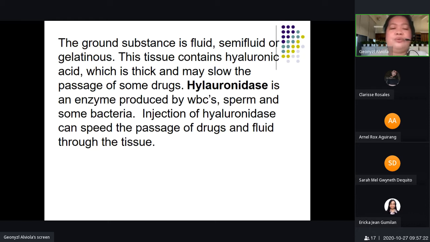So ito yung way through this enzyme, it can speed the passage of drugs and fluid through the tissue. Kung na-inject sa atua, this will help us na ma-diffuse ang medicine.